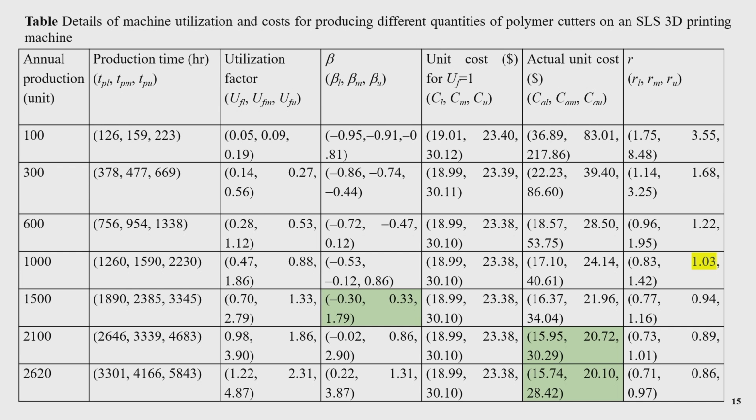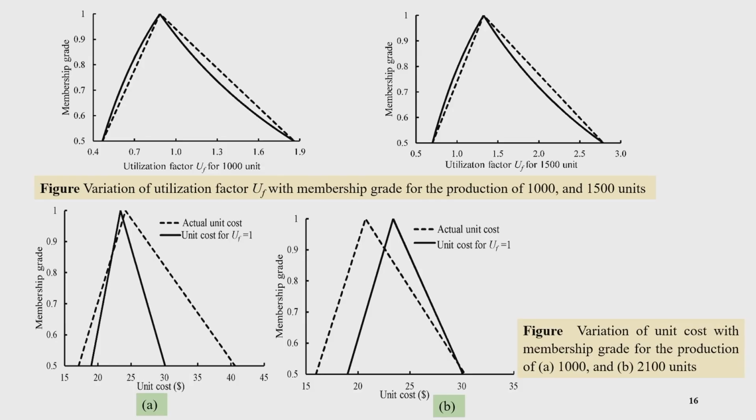You see that as you increase the number of units of production, the actual unit cost keeps decreasing. So this is how it is going on.